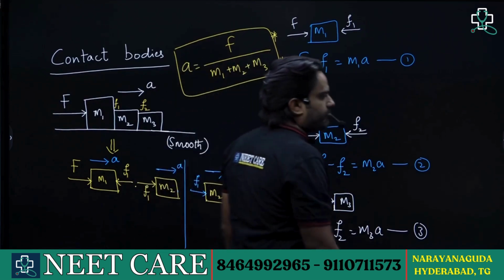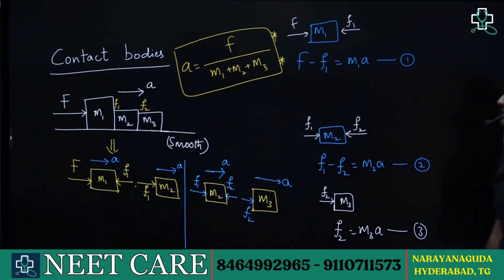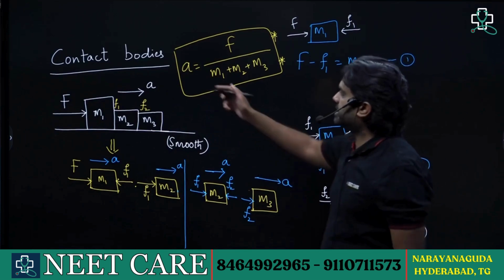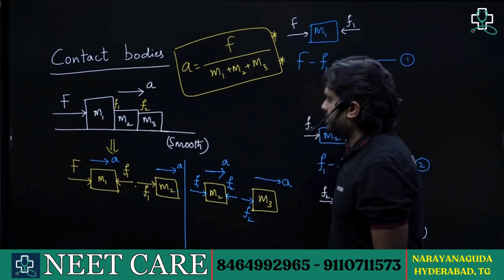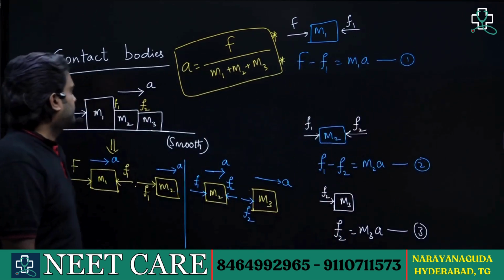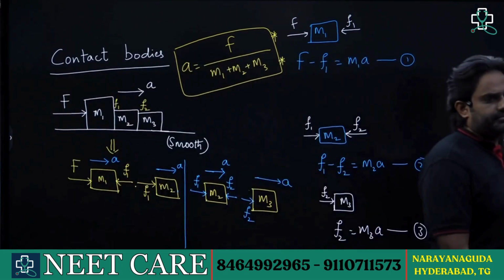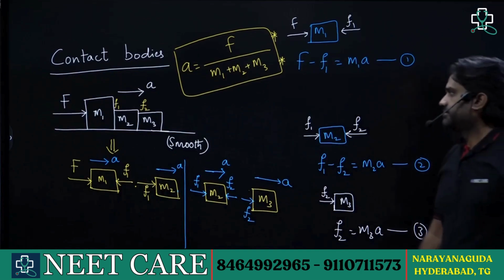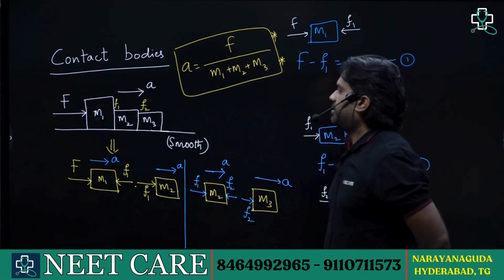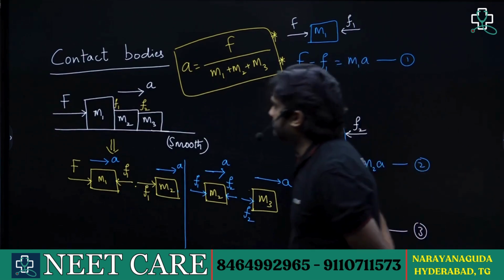A is equal to F by M1 plus M2 plus M3. This is the standard formula for acceleration for contact bodies, anywhere, not only in Newton's laws. If you want to find the formula for acceleration, just use net force by total mass.